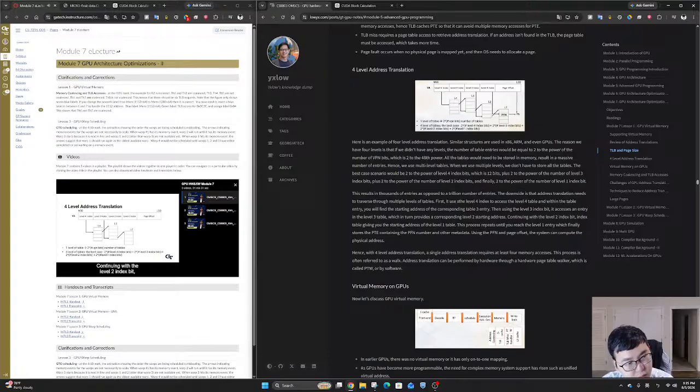Continuing with the level 2 index bits, index the table, giving you the starting address of the level 1 table. This process repeats until we reach the level 1 entry, which finally stores the PTE containing the PFN and other metadata. Using the PFN and page offset, the system can compute the physical address.